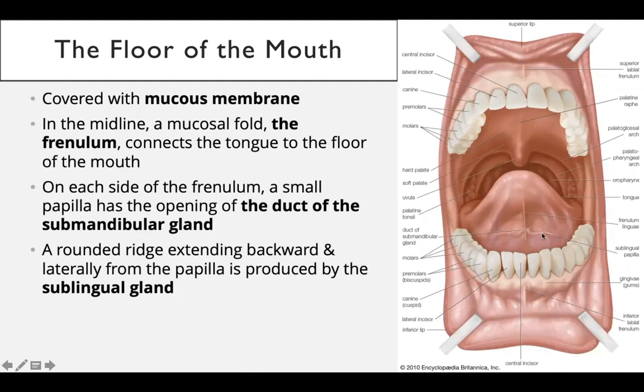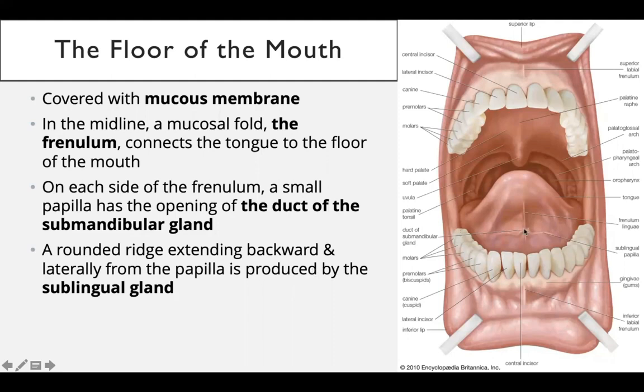Now, lateral to these, you can see the sublingual papilla. Lateral to these is a rounded ridge extending backwards and laterally. So a rounded ridge extends backwards and laterally from the duct of the submandibular gland. Okay, this rounded ridge is produced by the sublingual gland. So we have discussed up to here three glands and their papillae.